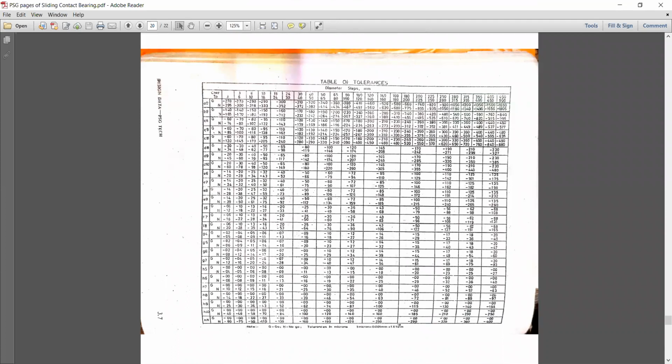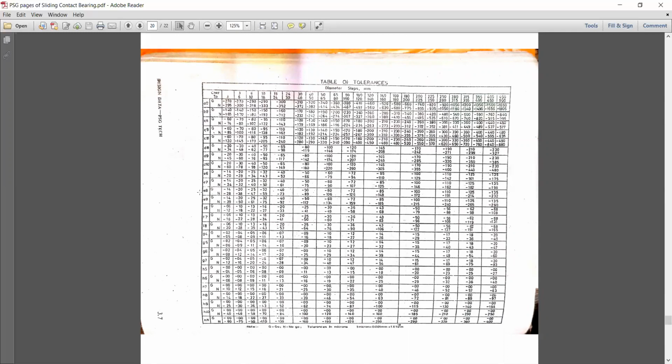Here the table is given, which is called a tolerance table. In this tolerance table, based on the diameter of 58, we need to find out the exact values.